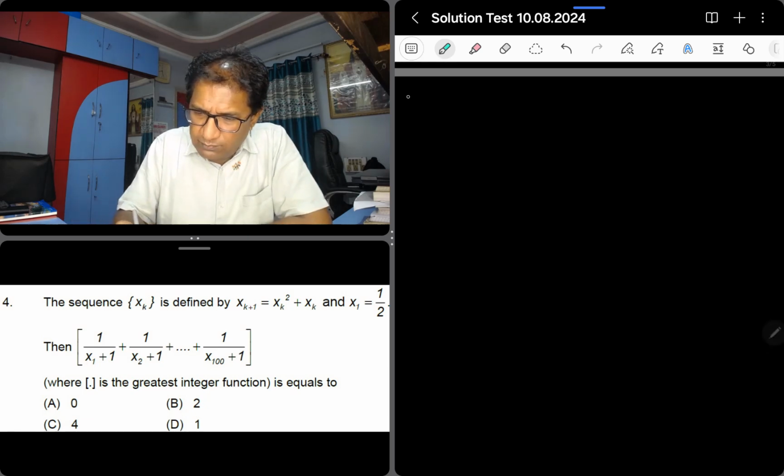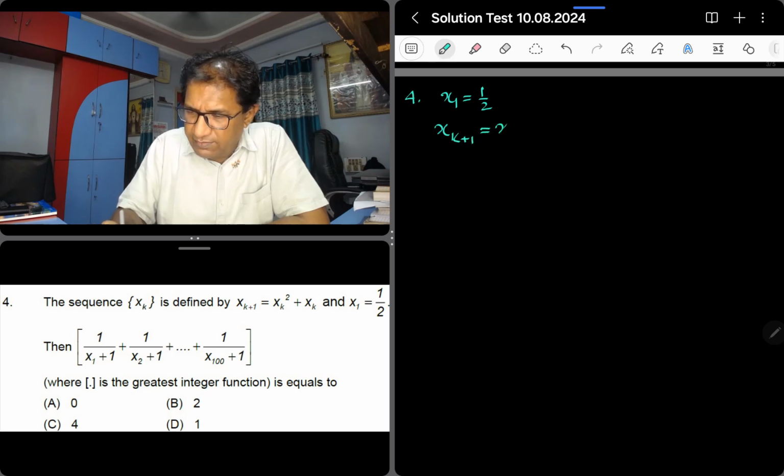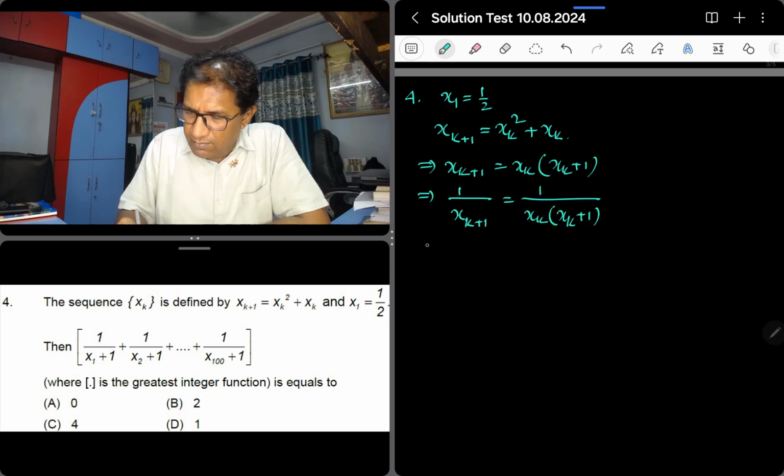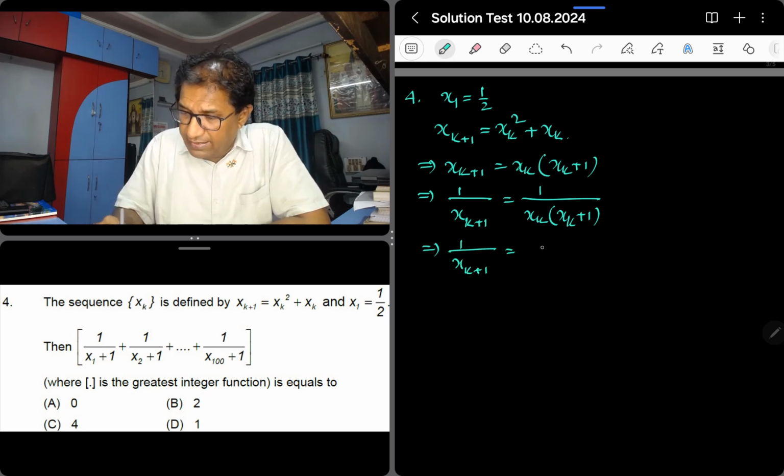This is question number 4. We have been given x1 is half and the relation is x(k+1) is xk square plus xk. So now we can write this thing as, I'm writing the left hand and the right hand side in this way.